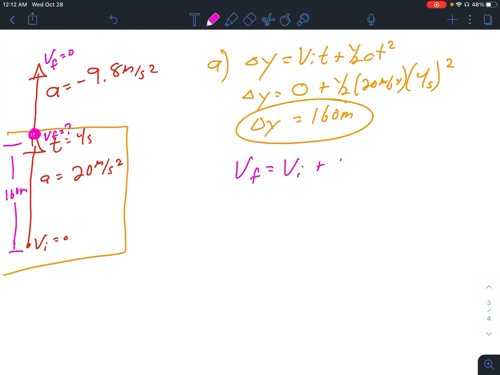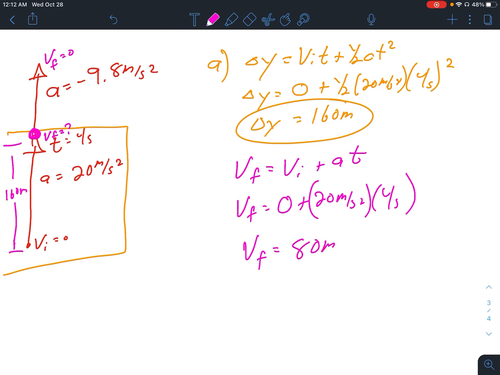Again, right now it should be pretty easy to eliminate equations because we only have 3. So at the tippy top of that accelerated stage where it's moving at 20 meters per second squared acceleration, we can figure out how fast it's going. So it's going to go at 80 meters per second.